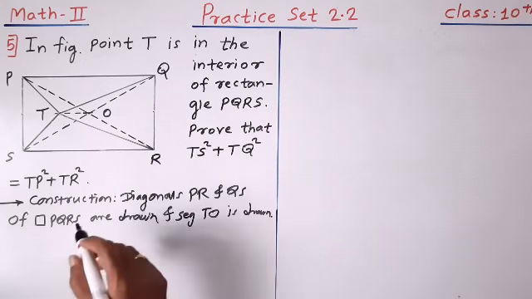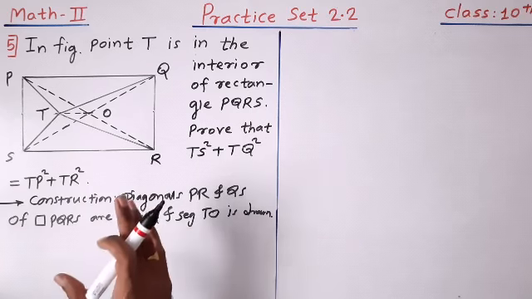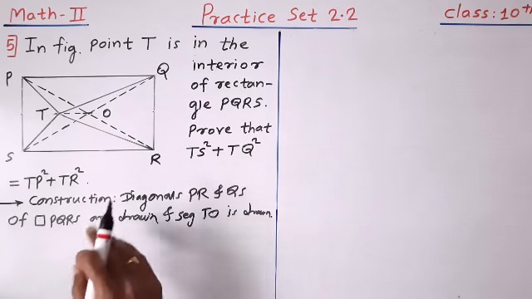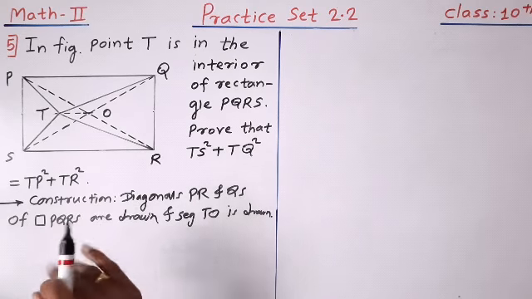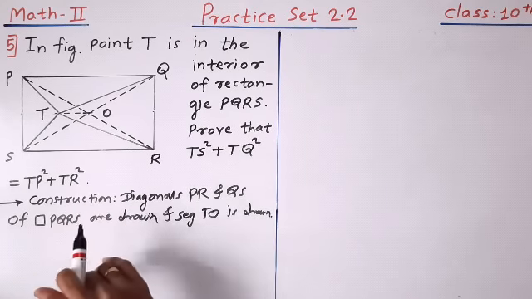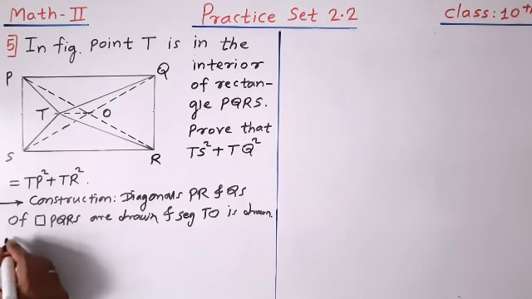Now here we are going to use the property of diagonals of a rectangle. Diagonals of a rectangle are congruent and they bisect each other. This is the property you must know. So let us write it first.